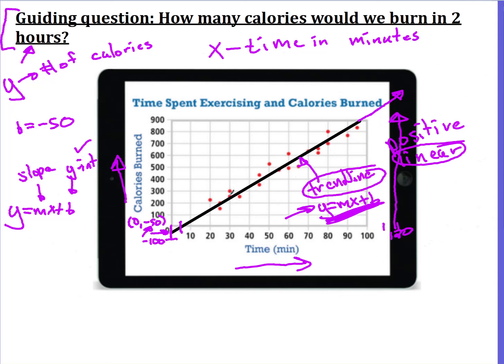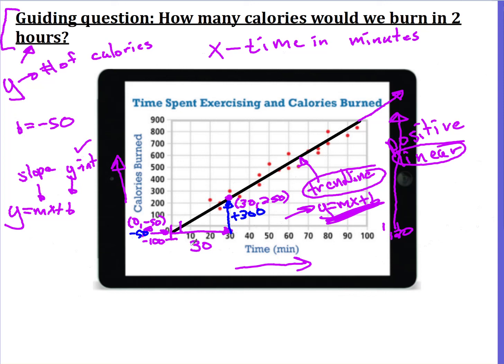Let's take, that looks about 30, 250. So I can use this and say my run was 30. Now let's look at my rise. It started here at negative 50 and it rose all the way up to 250. So that's a rise of plus 300.